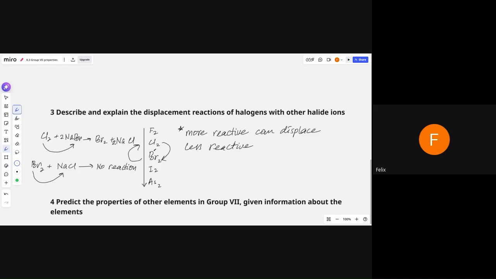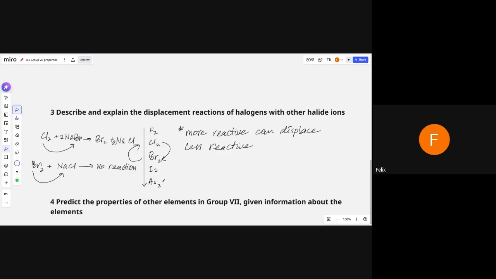So fluorine can displace all of them. Chlorine can displace bromine, iodine, and astatine, but not fluorine. And bromine can displace iodine and astatine, and it cannot displace chlorine and fluorine. And iodine can displace only astatine, and it cannot displace bromine, chlorine, and fluorine.